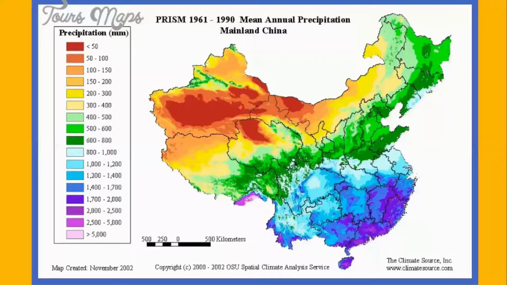For example, this image shows the mean annual precipitation for mainland China between the period of 1961 to 1990. Data was collected within that period of time, and that is what they used to plot this climate map.